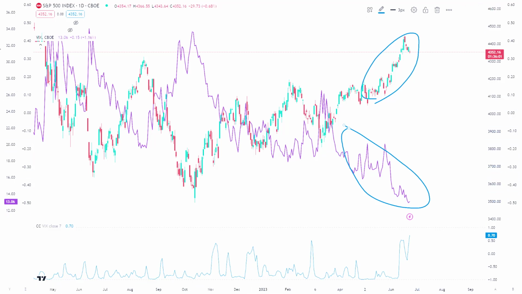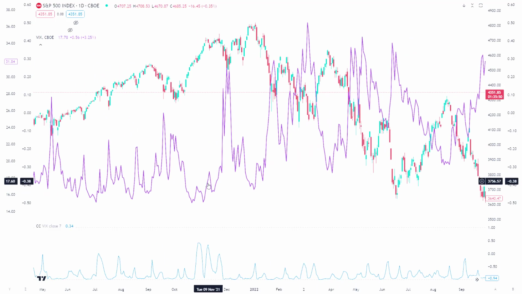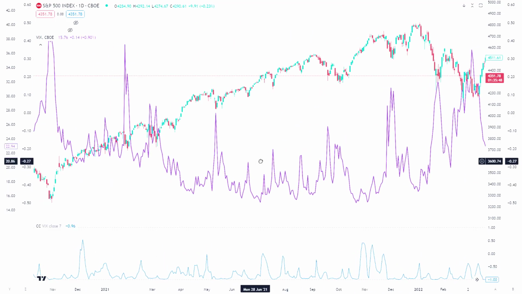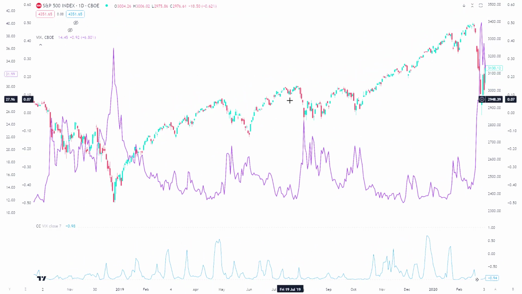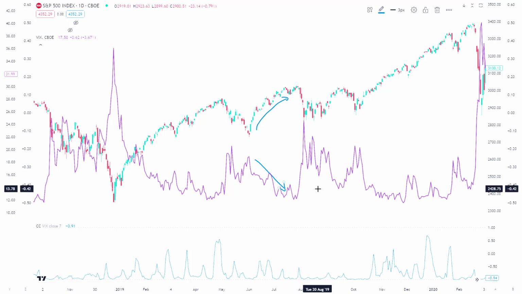Well, in order to understand what is going on, let's talk about the normal traditional moves. We'll just go back to 2019. Our typical move in the market is that as the market rises, we have depressed volatility, and that gives us a negative correlation.